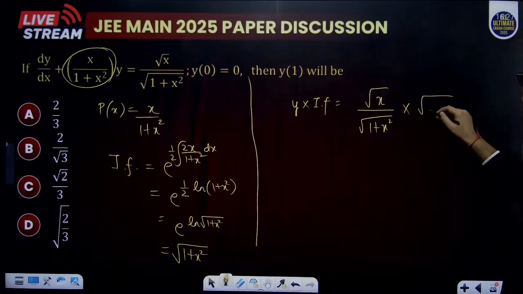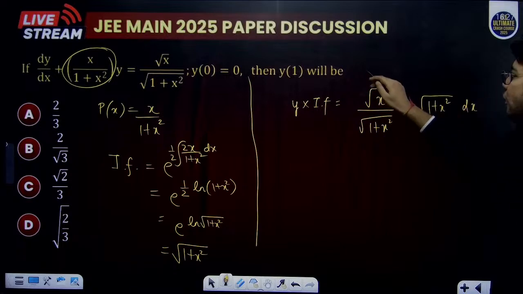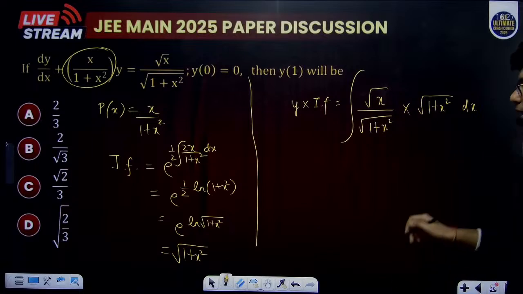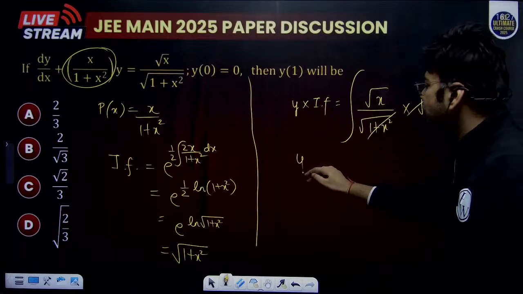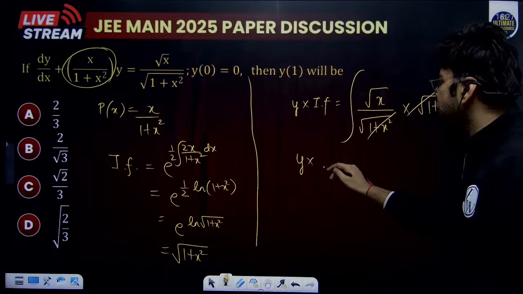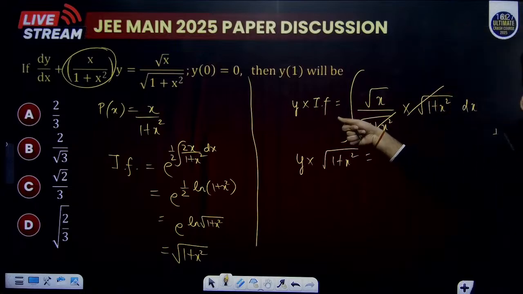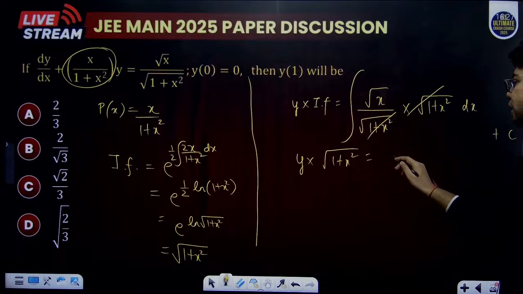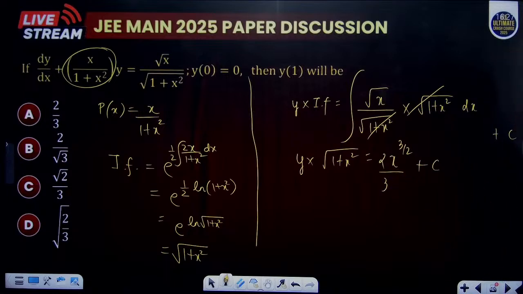That is under root of 1 plus x square, dx whole integration, plus c. This will give you your solution of this differential equation. Y into the integrating factor, root over 1 plus x square, is equal to, this is x to the power half, so this will become x raised to the power 3 by 2 upon 3 by 2, plus c.